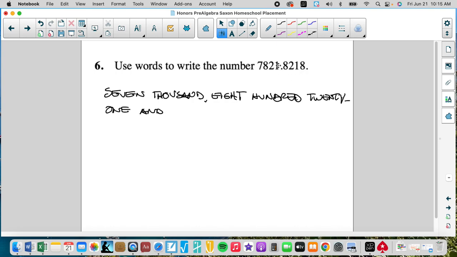And now we read it as if we just see that number. You see those 4 numbers. That's 8,000. 218.